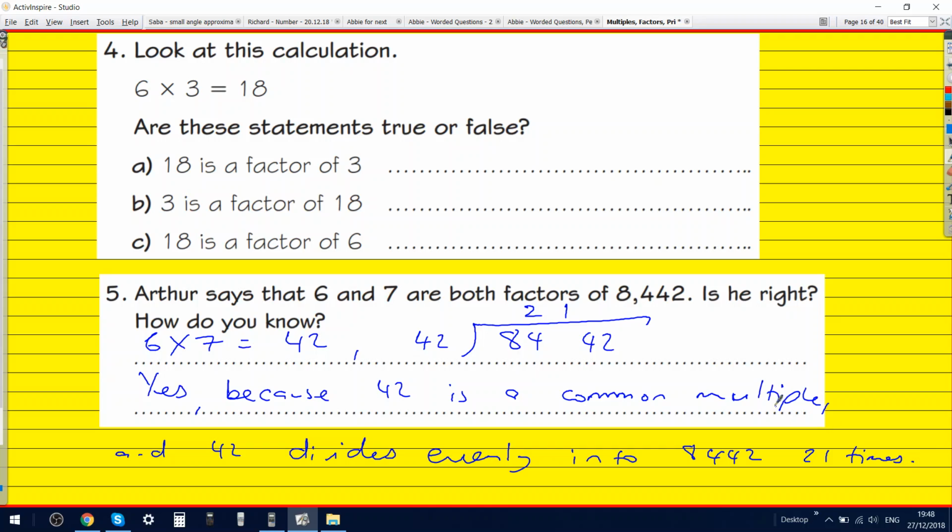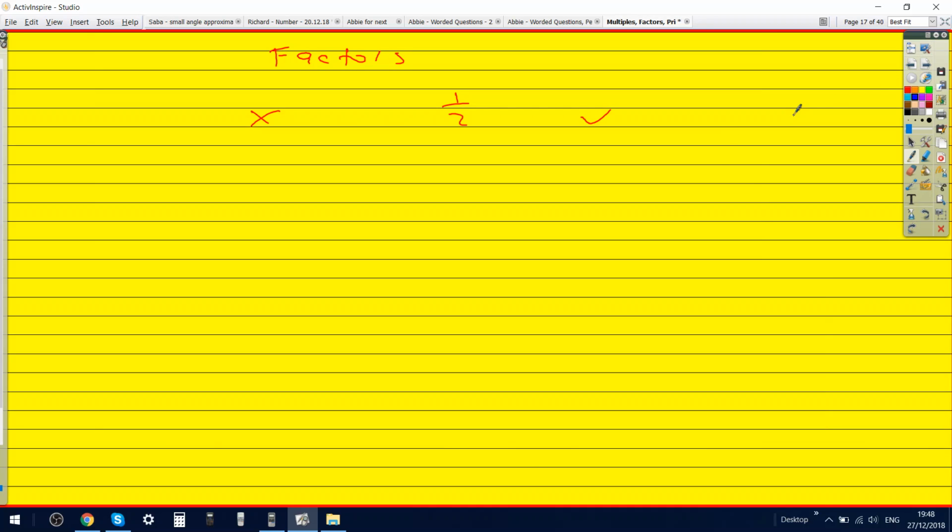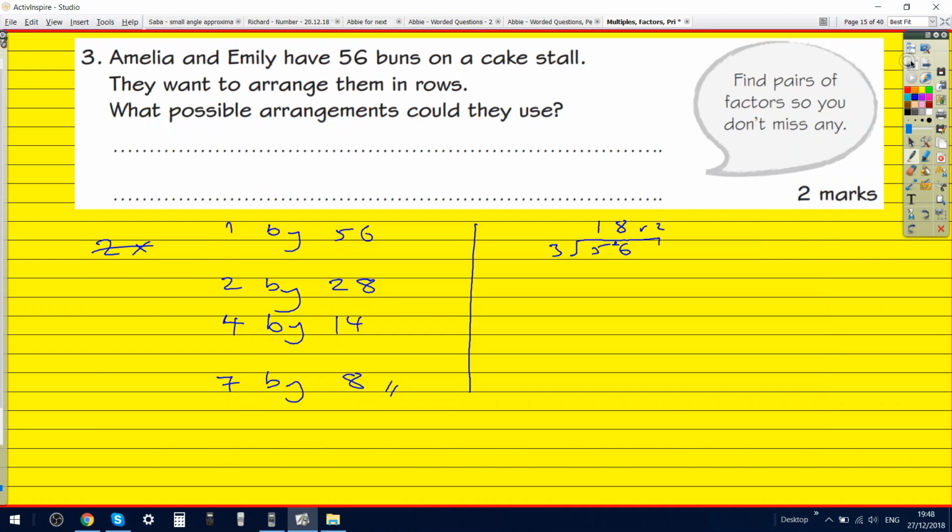Okay. So it divides evenly is the main thing. Okay, any questions there? I don't think so. Okay. So that is factors, halfway between a half or a tick. Okay, let's put it there for now. We'll see how we get on.